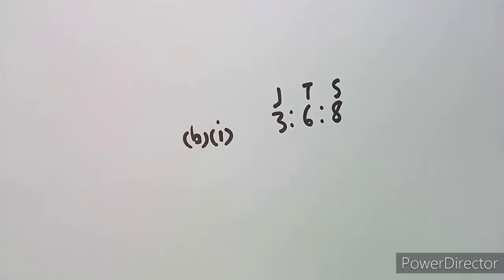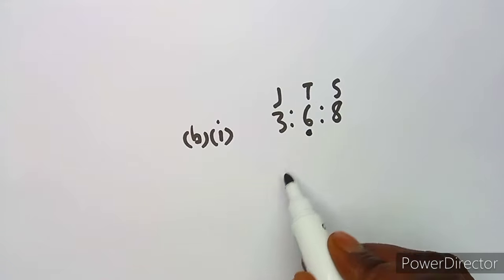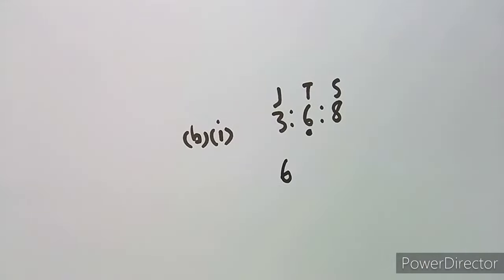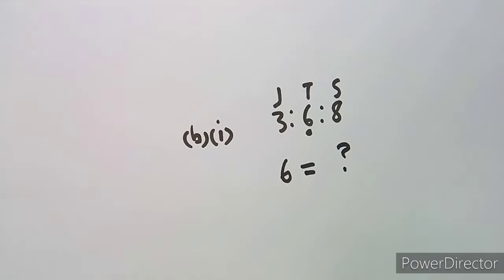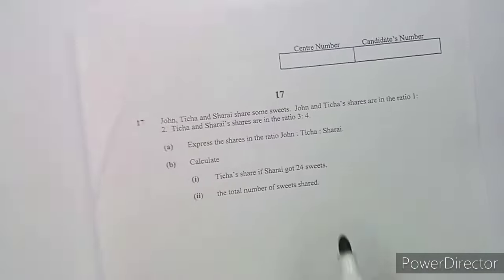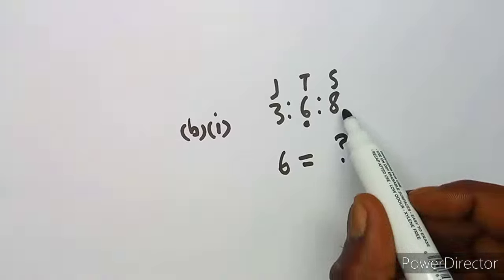So I am given that calculate the value for teacher here, which means I want this one, or who got 6 according to ratio. So the person who got 6 according to ratio, we do not know the number of sweets that this person got, but we know this one, Sharai, who got 24 sweets, and their ratio is 8.